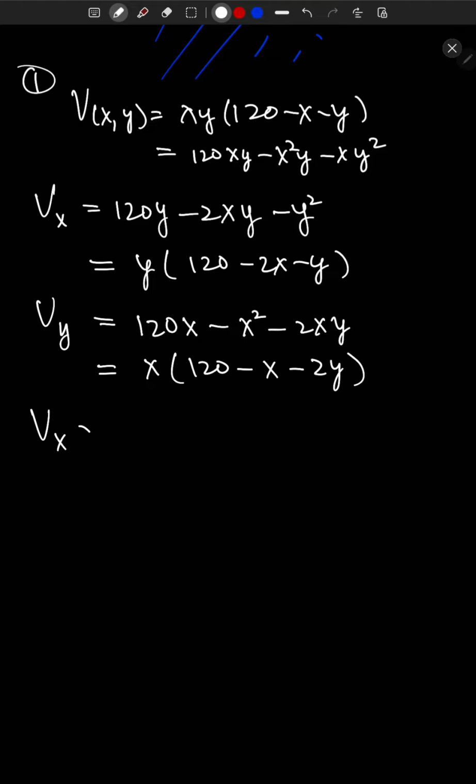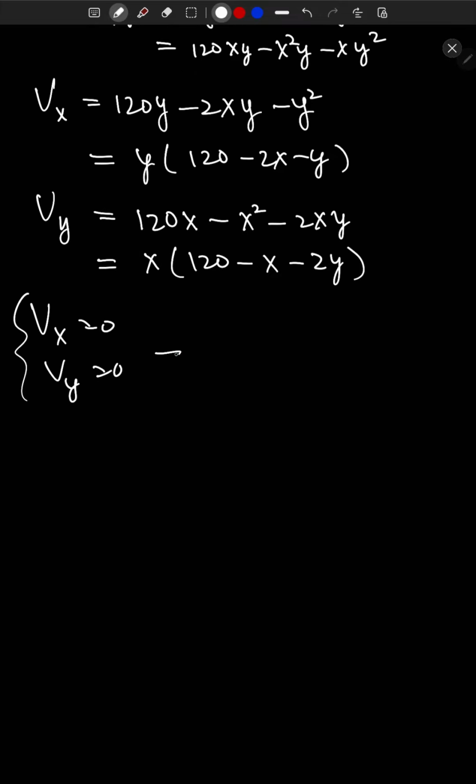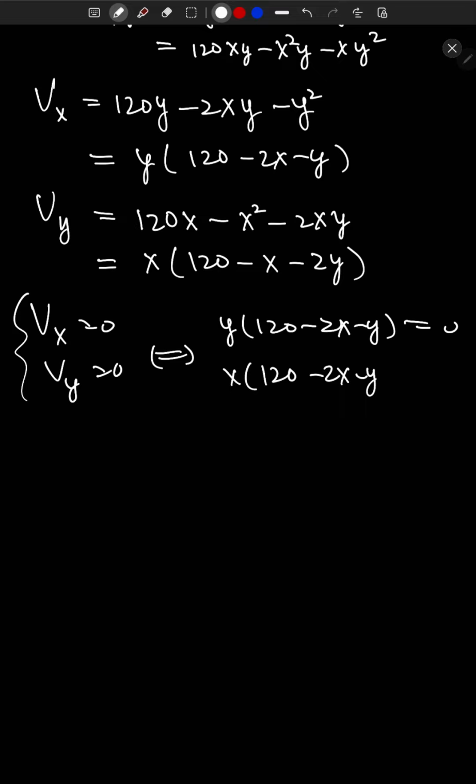We want to solve vx equals 0 and vy equals 0 simultaneously, which is y times 120 minus 2x minus y equals 0, x times 120 minus x minus 2y equals 0, okay, simultaneously.